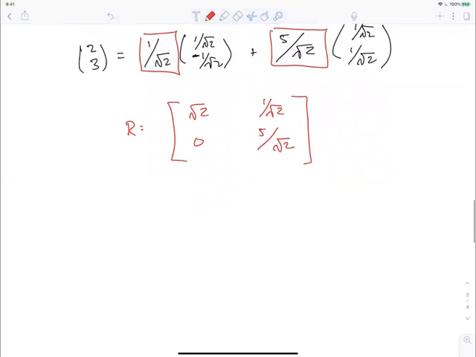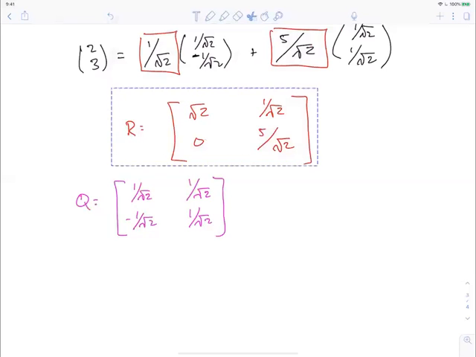So altogether, we have that Q was this matrix, and R was this one.